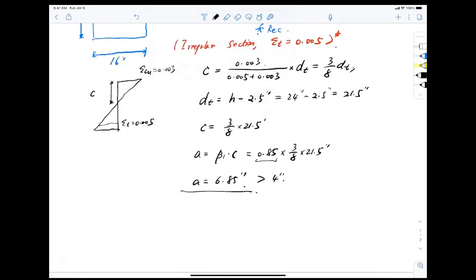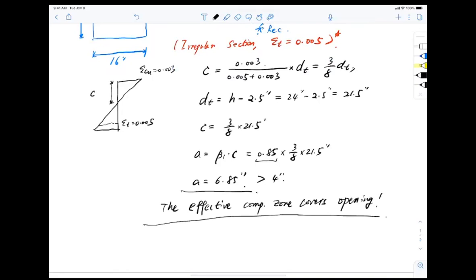So what I have is that the compressive zone, to be precise the effective compressive zone, covers the opening. Okay, so that means I can treat it as a simple rectangular section with no opening.